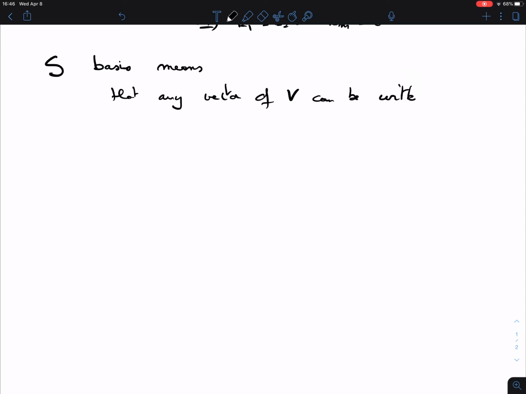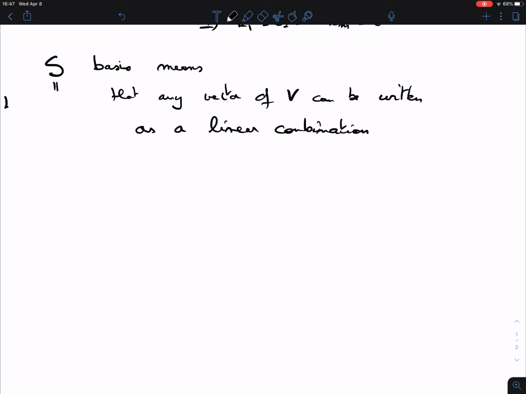Now, I can say this even better. Let me say it slightly differently. So we say that S is a basis means that any vector of V, of our vector space, can be written as a linear combination of these vectors.